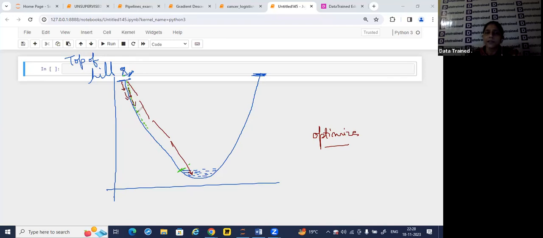Optimized steps means neither small, nor very big. Just like here, he's not inside the lake, because he is only thirsty. So he reached. So this is the optimized way.